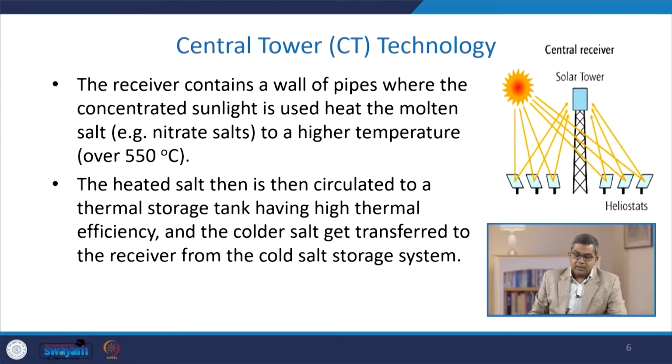The receiver contains a wall of pipes where the concentrated sunlight is used to heat the molten salt, sometimes nitrate salts, to a higher temperature like 550 degrees Celsius or sometimes more. This heated salt is then circulated to a thermal storage tank which has high thermal efficiency, and the colder salt gets transferred to the receiver from the cold salt storage system.